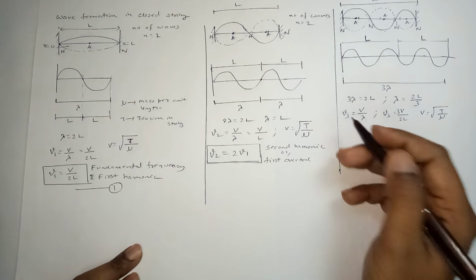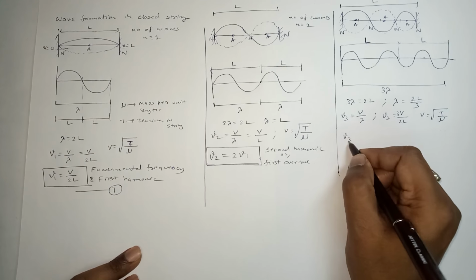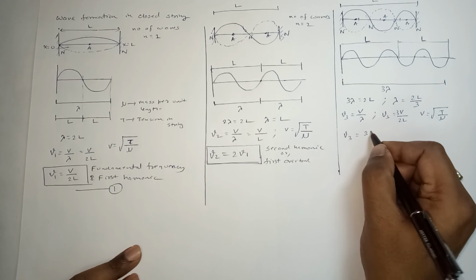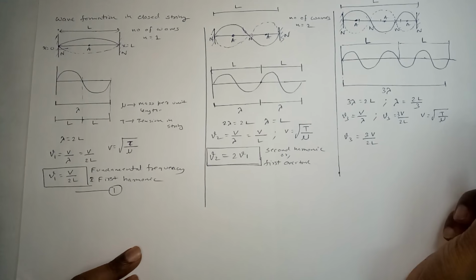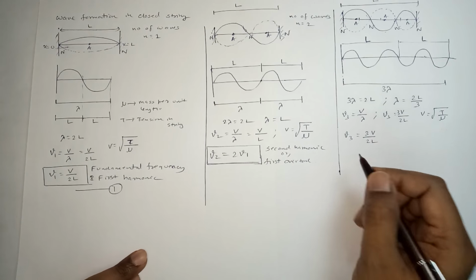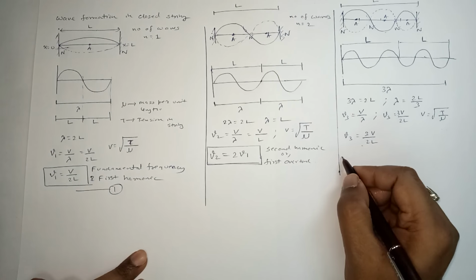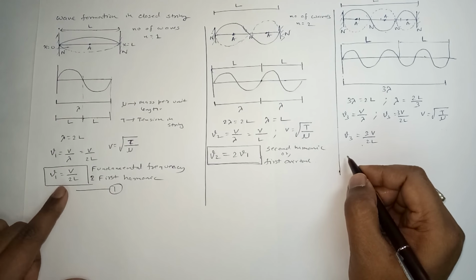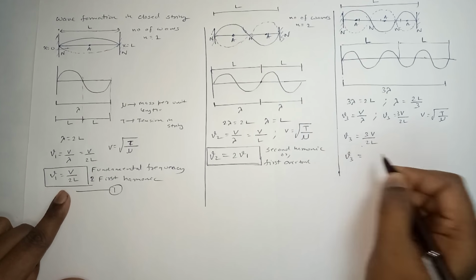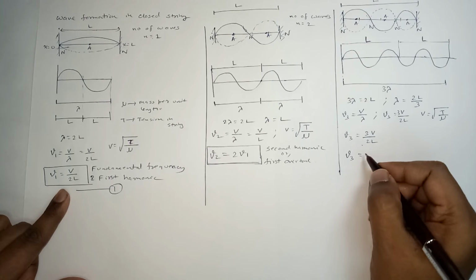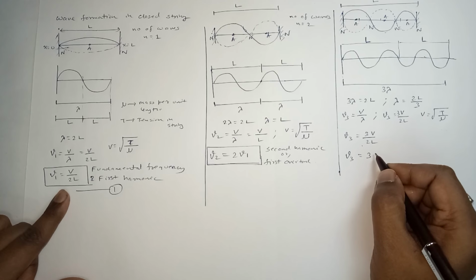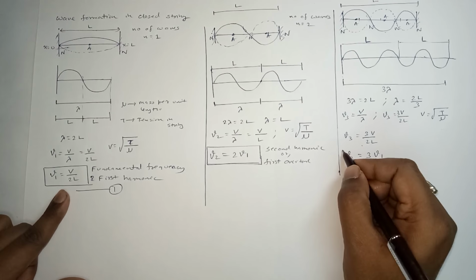Velocity does not change. So we can write mu3 is equal to 3V by 2L. Again, if we compare this with equation 1, mu3 can be seen to be equal to 3 mu1.